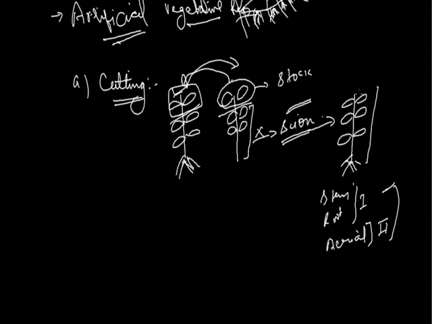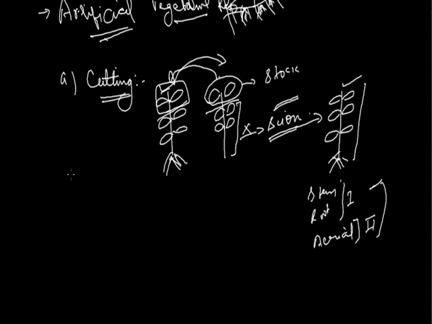So this plant will produce very good flowers and fruits, so that the person will get a good amount and good quality of flowers and more benefit from them. That is known as artificial vegetative reproduction by cutting.